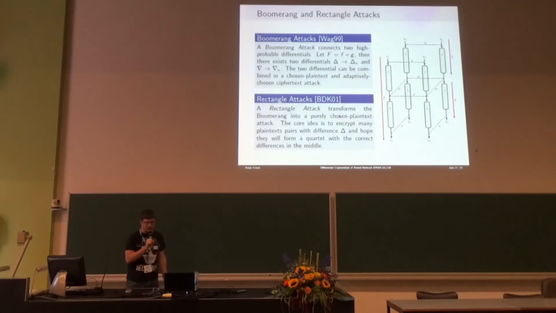We combine that in a chosen plaintext and adaptively chosen ciphertext attack. But for the rectangle attack, because we don't want the adaptively chosen ciphertext attack, we can transform it into a purely chosen plaintext attack. The core idea is we just encrypt a lot of plaintexts and hope that they will do the boomerang. And yeah, that works.